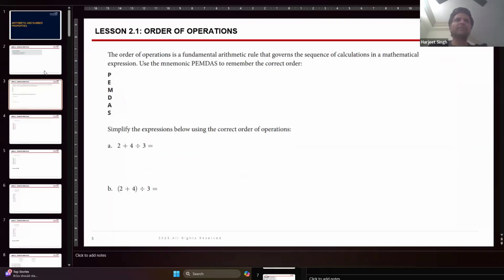So let's go to today's chapter. Whenever you have a series of different operations on a set of numbers, the order to be followed is parentheses followed by exponents, followed by multiplication, division, addition, and subtraction.